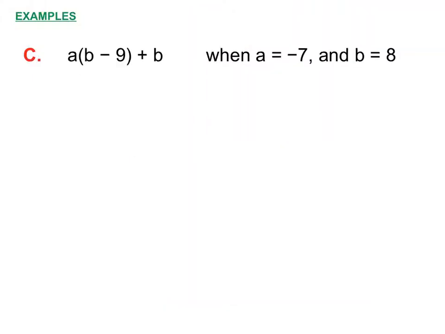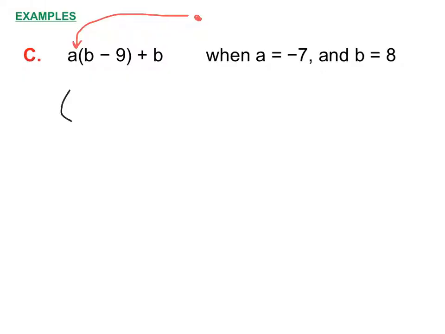A, and then again, when we don't see an operation right here, between the a and the parentheses, we know that it's multiplication. So a times the quantity, b minus 9, because that's all in parentheses, plus b. So let's work from left to right.